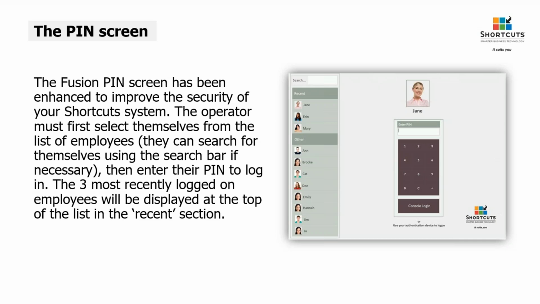The operator now must first select themselves from the list of employees. They can search for themselves using the search bar. Basically, the three most recent employees that have logged in will be up at the top. They click on themselves and then enter their PIN number as they always have. This is just for an extra layer of security for the Shortcuts system.